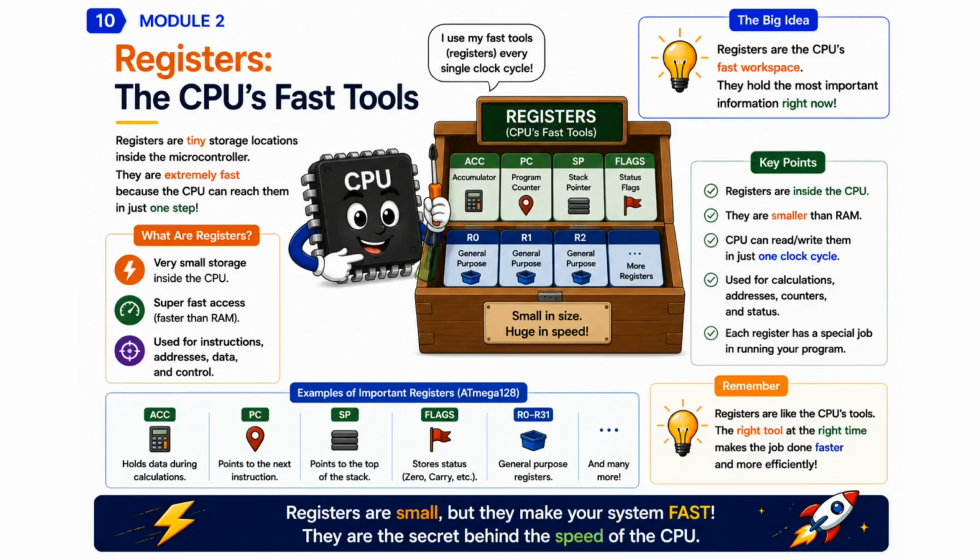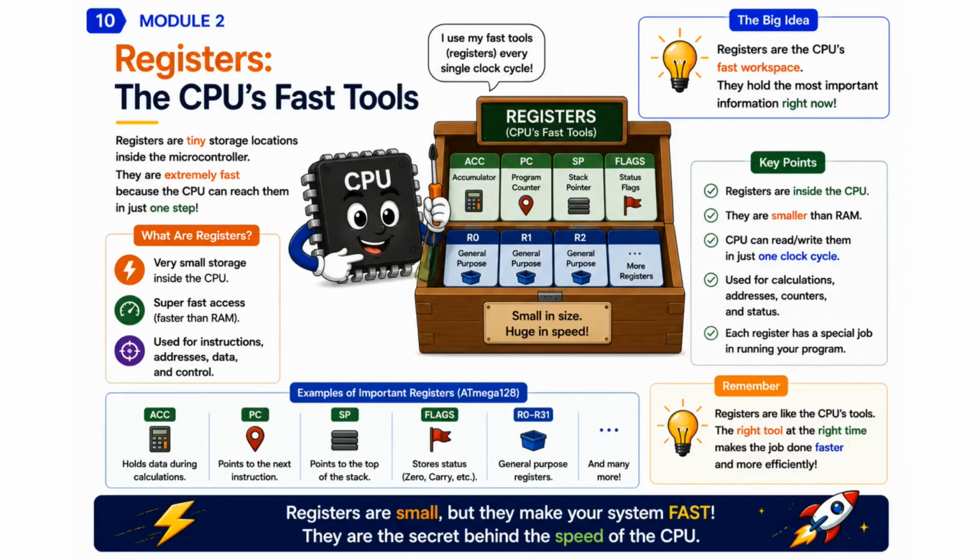You can think of registers as the pockets on a craftsman's apron, where he keeps the tools and materials he needs most frequently. The right tool is always immediately available, allowing the work to happen quickly and efficiently. The CPU works in exactly the same way. For every instruction it executes, it constantly uses its registers to hold data, perform calculations, track addresses, and make decisions.